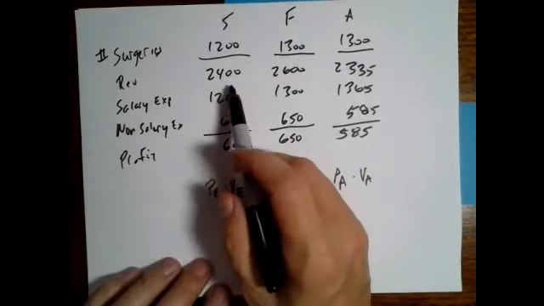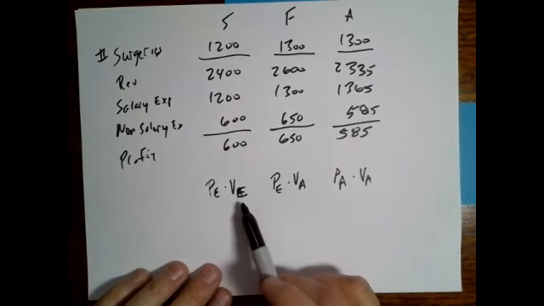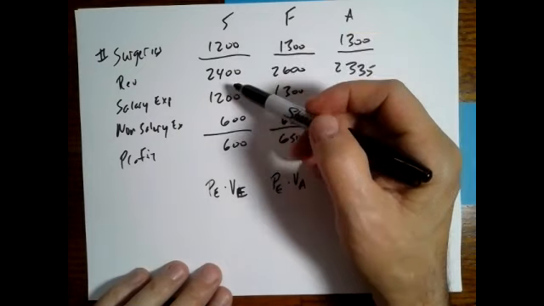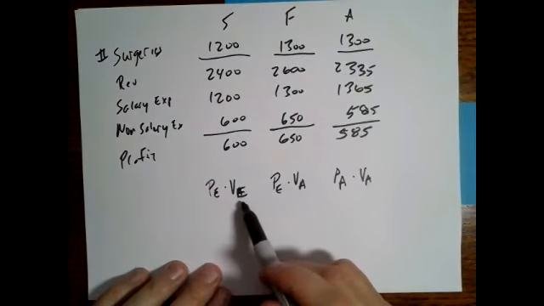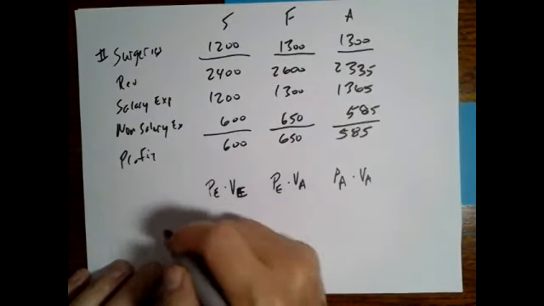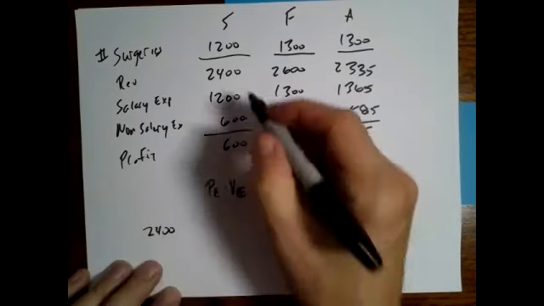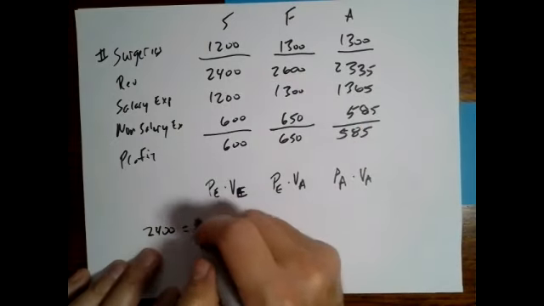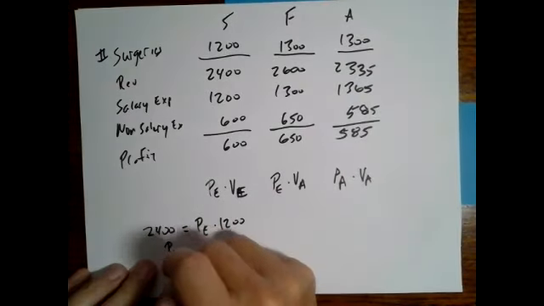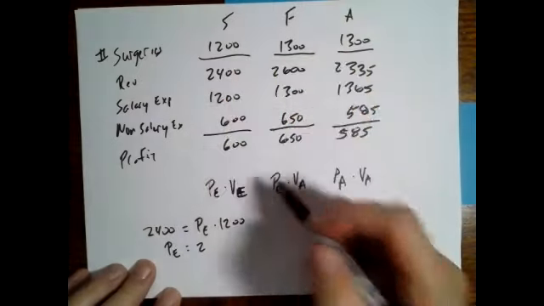Then revenue at 2,400 is our expected price times our expected volume. Well, if we have an expected volume of 1,200, and expected price times expected volume equals 2,400, then expected price must be, in this case, actually $2,000, but because we're expressing this in thousands.